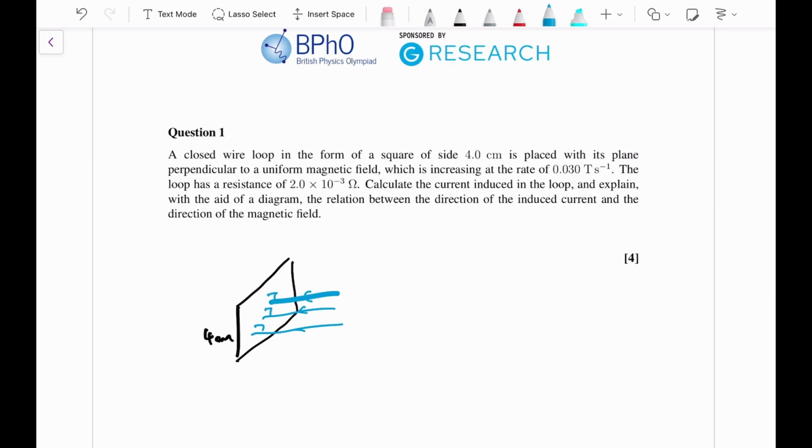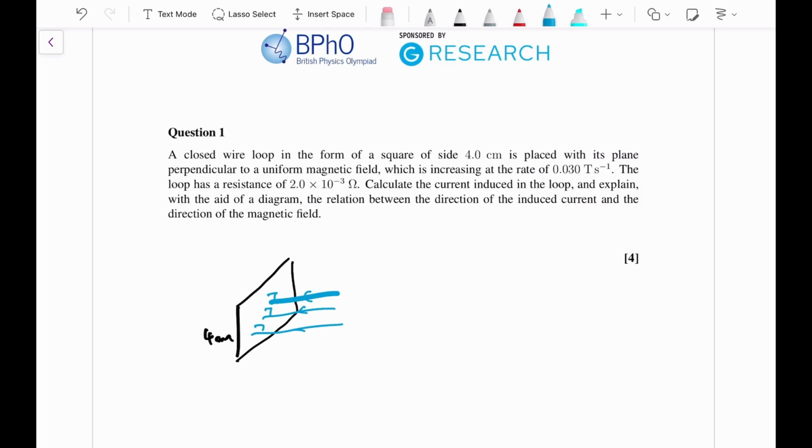Okay, and it gave us the rate of change of the magnetic field, and then the loop has a resistance of 2 times 10 to the minus 7 ohms. And then the question wants to calculate the current induced in the loop and explain with the aid of a diagram the relation between the direction of the induced current and the direction of the magnetic field.